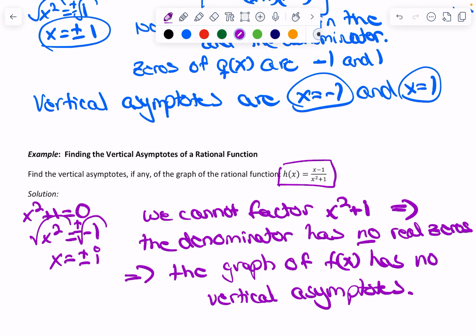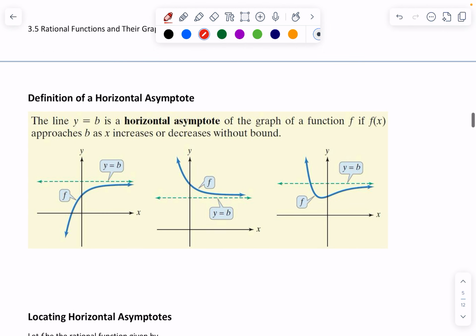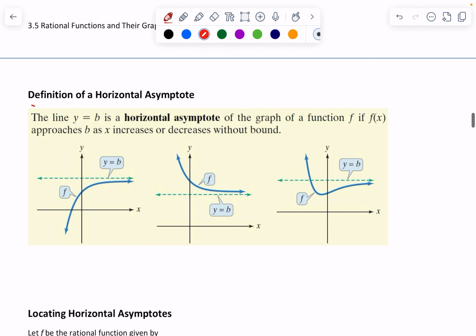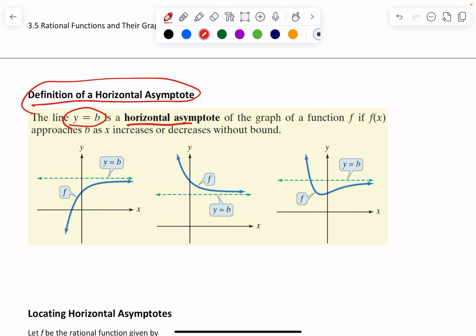So that's the vertical asymptote. Now we're going to look at the horizontal asymptote. Notice that vertical was x equals a, and now horizontal asymptote is y equals b. Again, f of x approaches b as x increases or decreases without bound, but it never touches it.